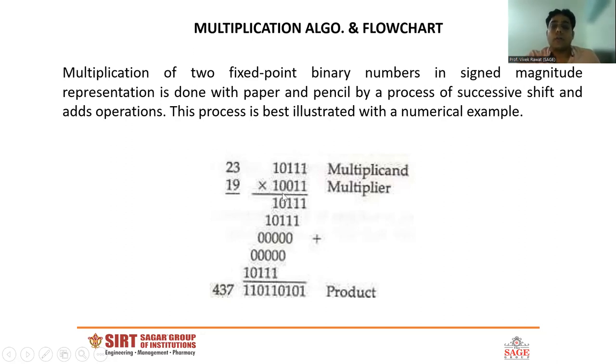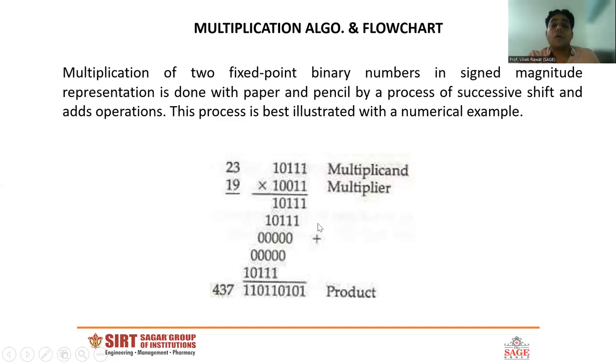This 0 also gives us the same, 0 0 0 0 0, and this 1 multiplied with this whole number gives us 1 0 1 1 1. After adding all these numbers, we got a product that is 1 1 0 1 1 0 1 0 1. This is the simple pen and paper calculation with the help of digits or bits for the multiplication of 19 and 23.